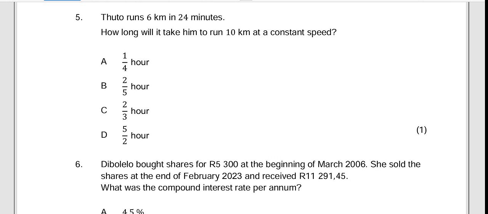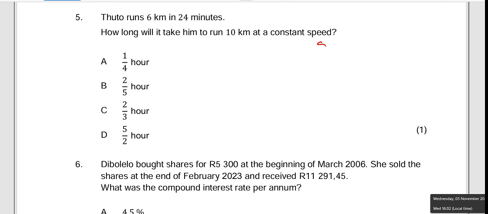Now we need to find the time he or she will take to run 10 kilometers per hour. We're looking for time, but we need to look for the speed first.